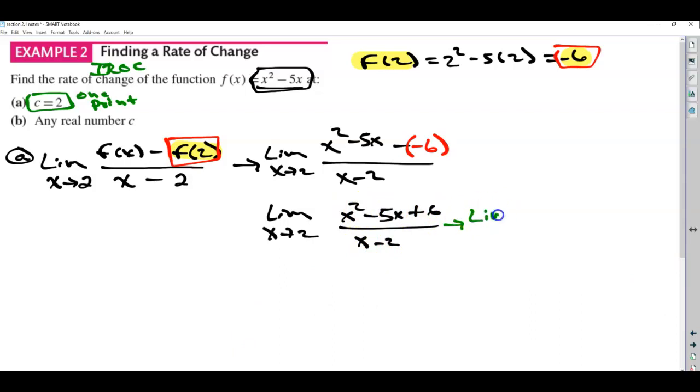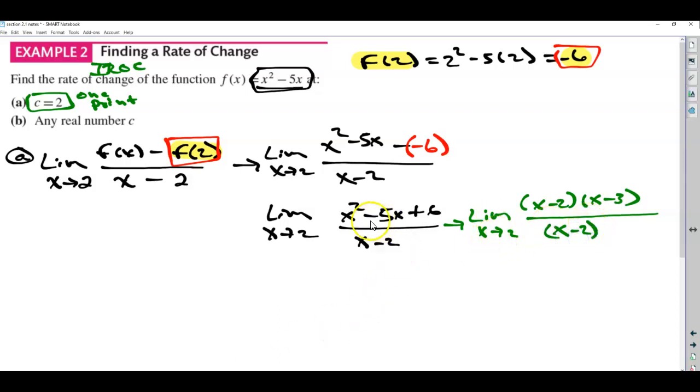So notice, by the way, see how I keep writing the limit as x goes to 2? If you don't have that, it's changing the context of the problem. So you need to make sure that you write that limit as x goes to 2 every single time until we use the limit. So pay really careful attention to my notation.